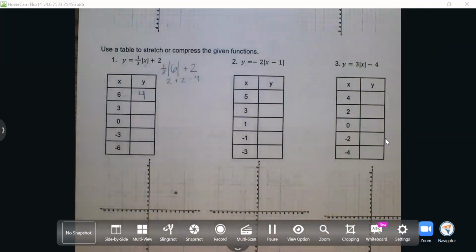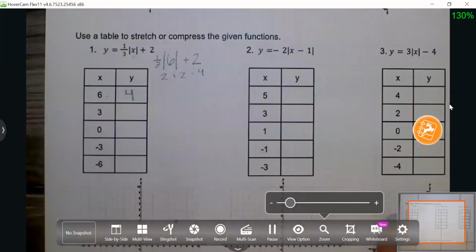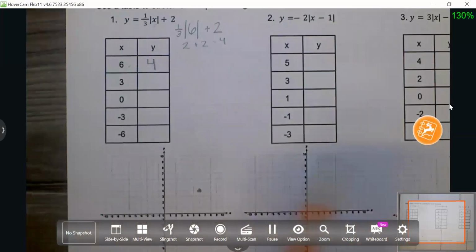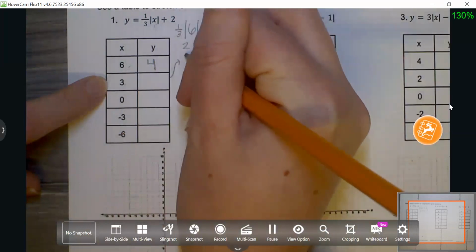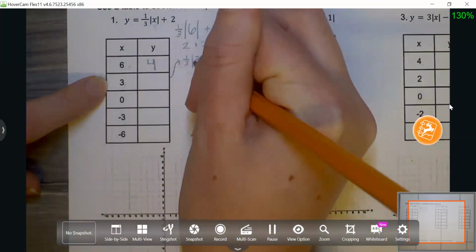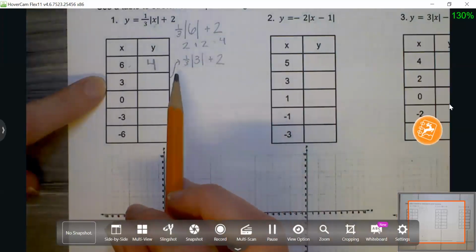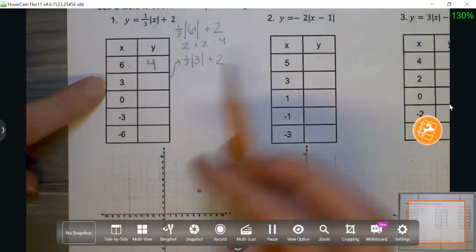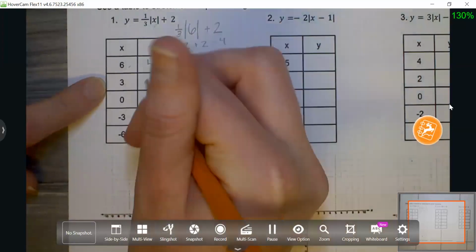Then I have, let me actually zoom in here. Then I have the number 3. I'll plug in the same way. I'm going to do 1/3 times the absolute value of 3 plus 2. Again, when I'm doing 1/3 times 3, it's just dividing by 3. So I have 1 plus 2, which is 3.